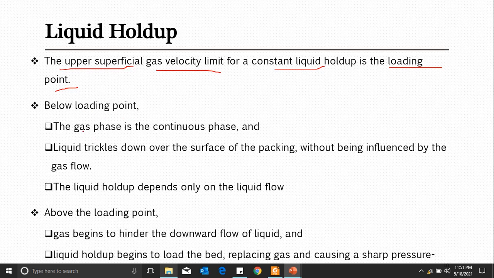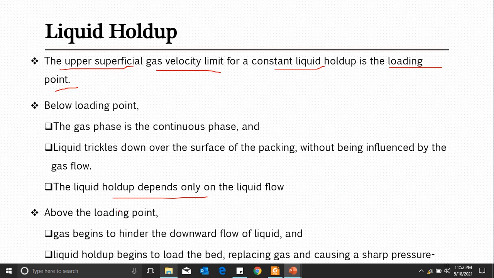Below this loading point, the gas phase is the continuous phase, and the liquid will just be trickling down over the surface of the packing without being influenced, and there will be no problem. The liquid hold up here only depends on the liquid flow, as you have already seen that when you keep on increasing the liquid flow rate, liquid hold up will keep on increasing in figure 6.35.